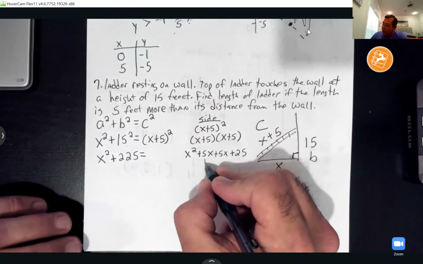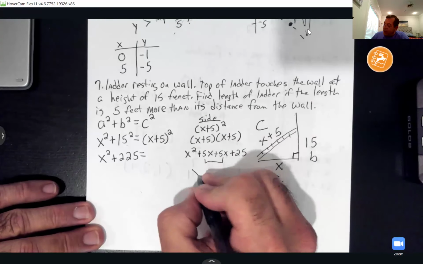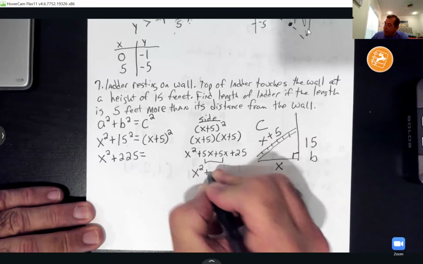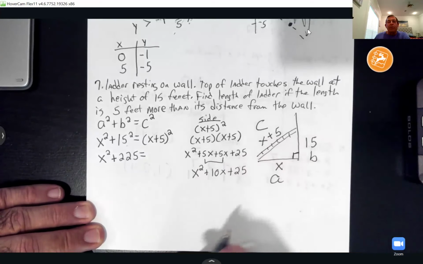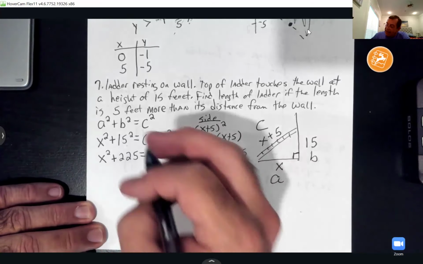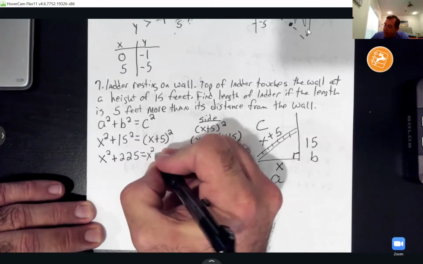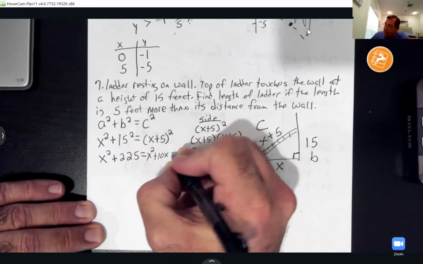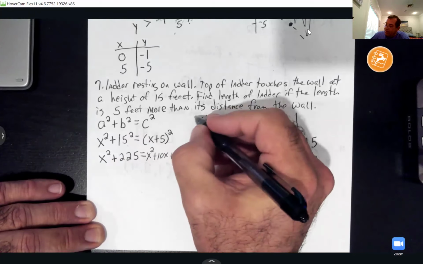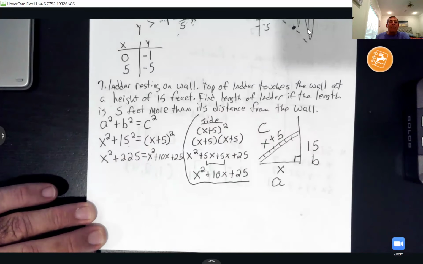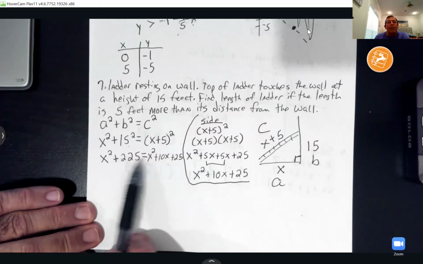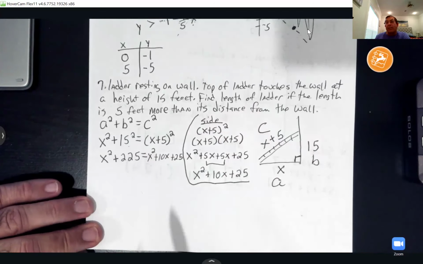And y'all, all we're going to do now is add the like terms so that this gives me an x squared plus 10x plus 25. That's now my right side. x squared plus 10x plus 25. Alrighty, so when you see x squareds, you really try to get the x squareds on the same side.